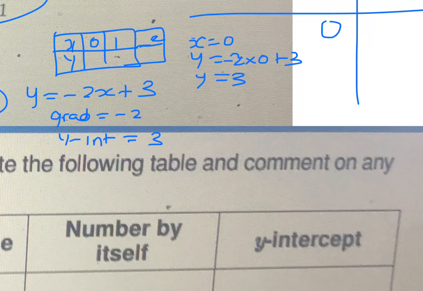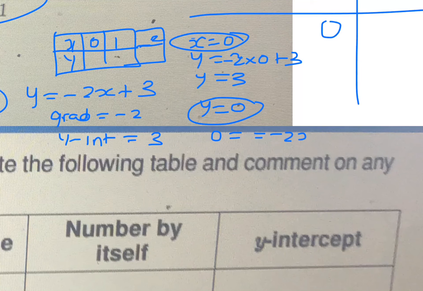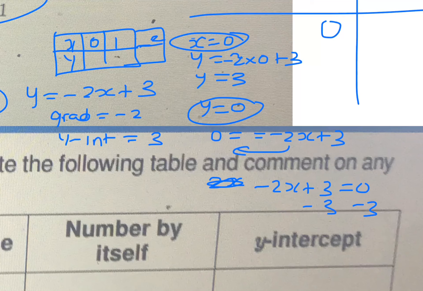Takes a little bit longer, but you could do that. The more advanced way is to use x and y-intercepts. So put in y equals 0, and you get 0 equals minus 2x plus 3. Actually, I'm just going to swap the sides. So minus 2x plus 3 equals 0. Take away 3, minus 2x equals minus 3. Divide by minus 2, so x equals 1.5.